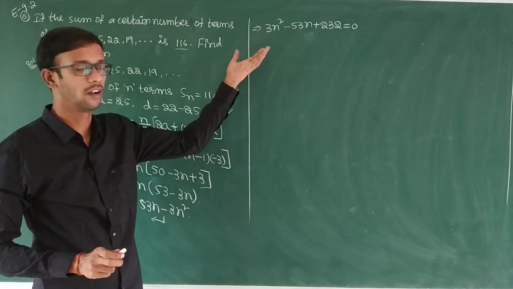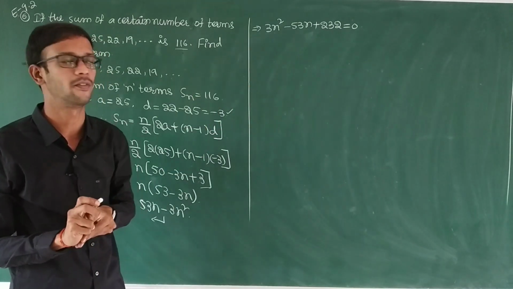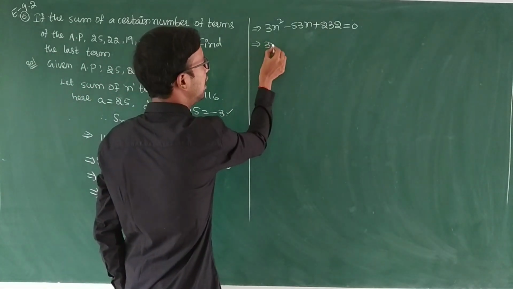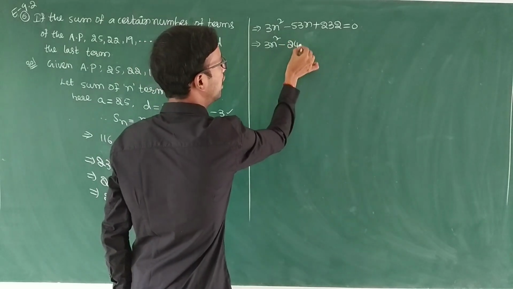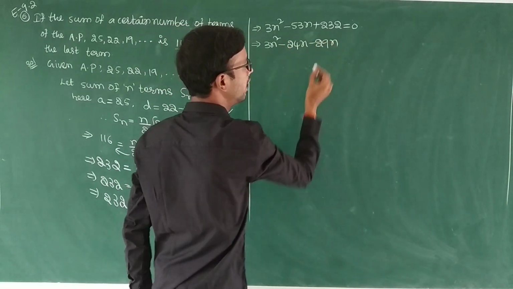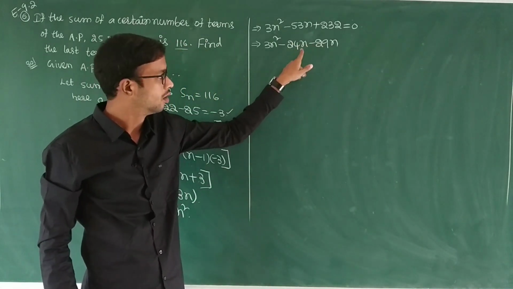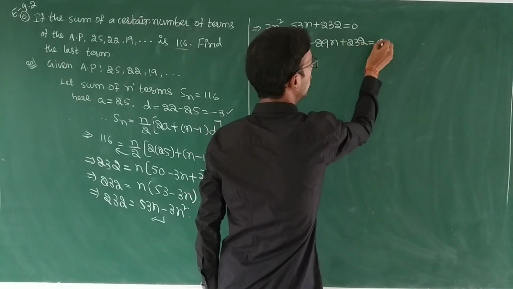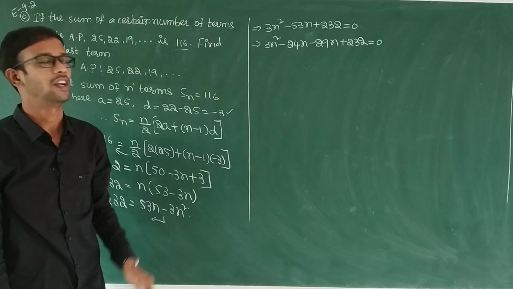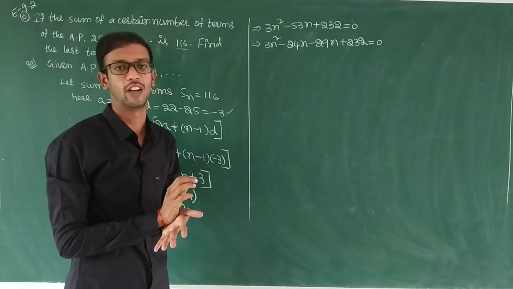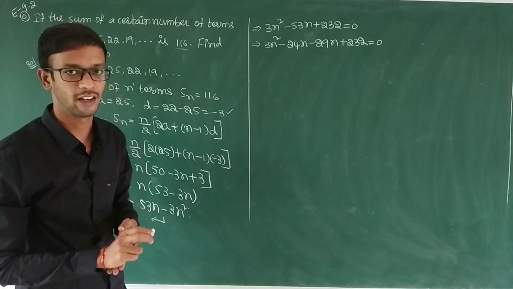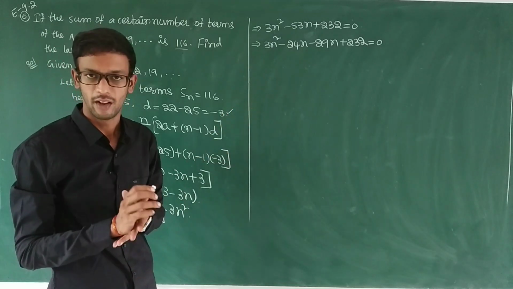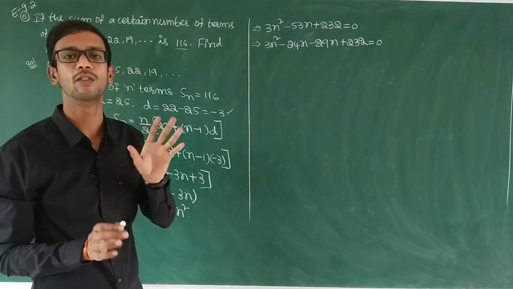In 10th class you also learned how to solve this type of quadratic equation. Here we can split 53n into 24n and 29n, since 232 into 3 gives the product. Otherwise, there is the quadratic formula, minus b plus or minus the square root of b square minus 4ac, by 2a. By formula also we can solve this and find the values.